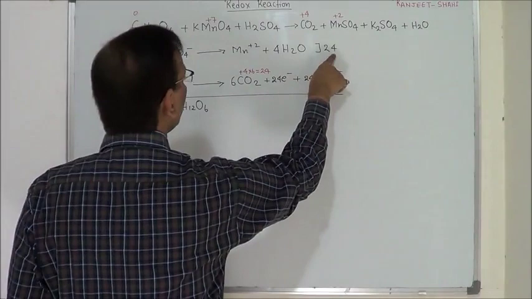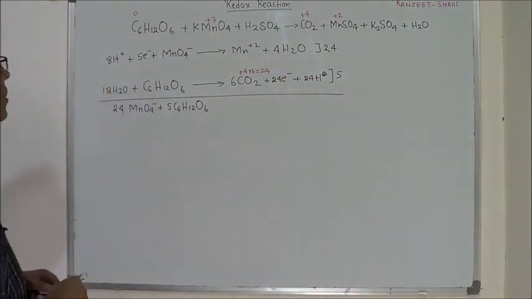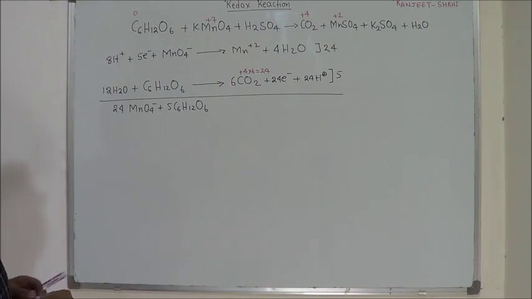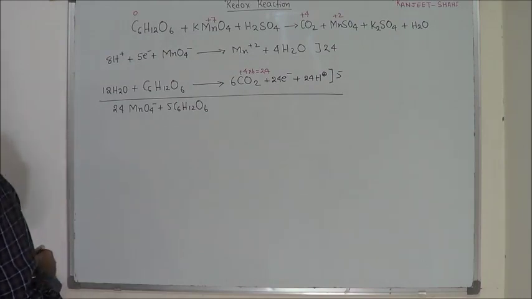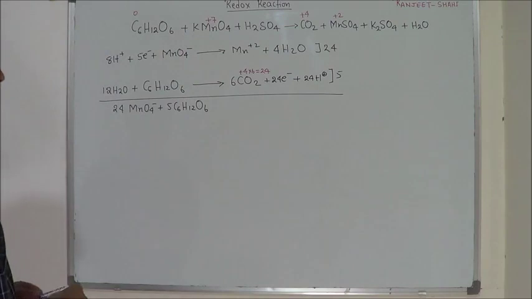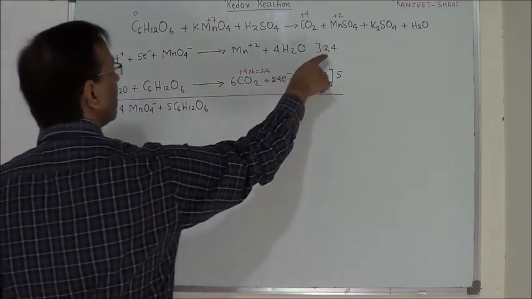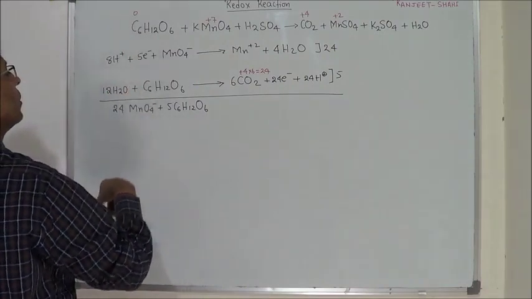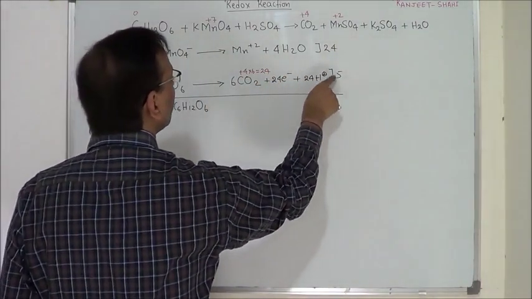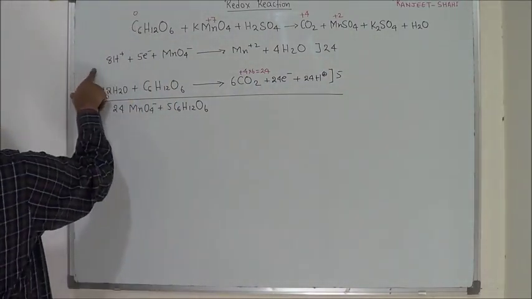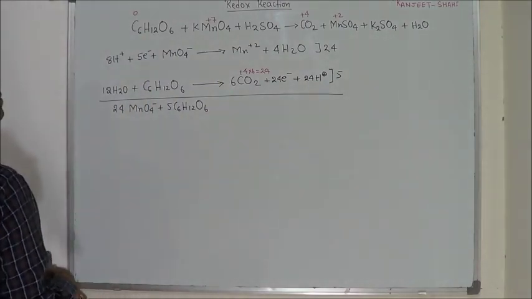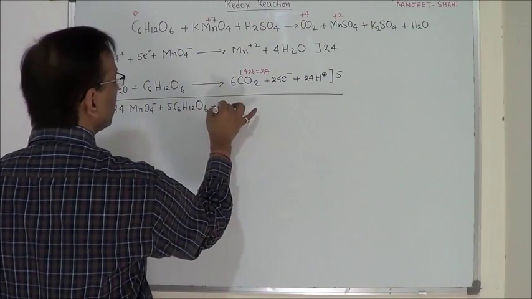We have 24 into 8, 192 hydrogen ion, and here 24 into 5, 120. So 192 minus 120, so 72 hydrogen ion.